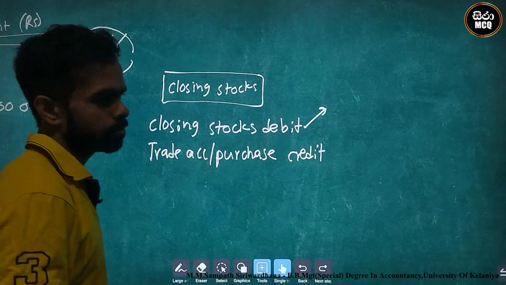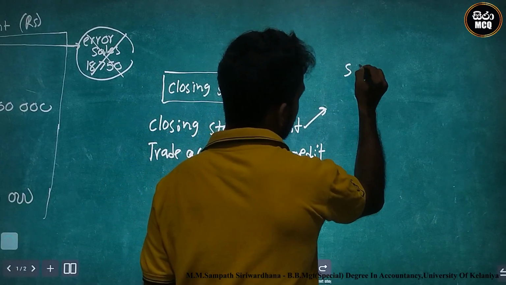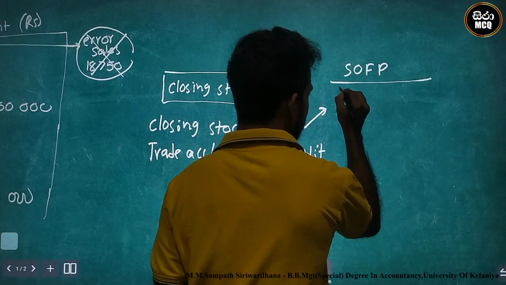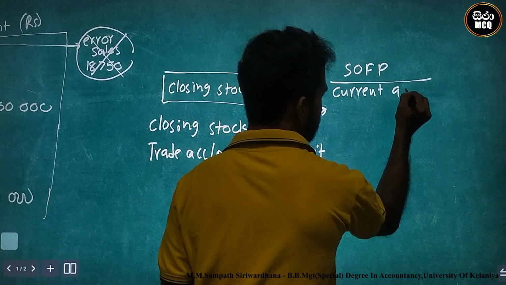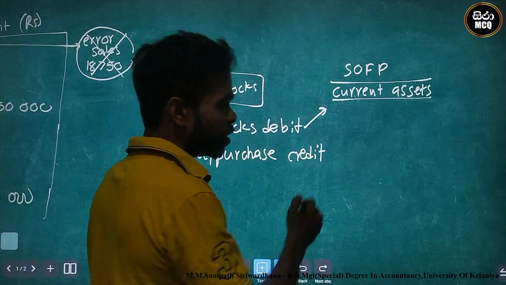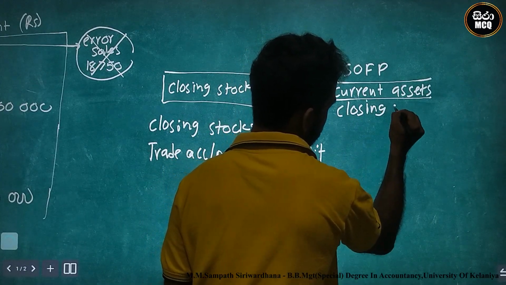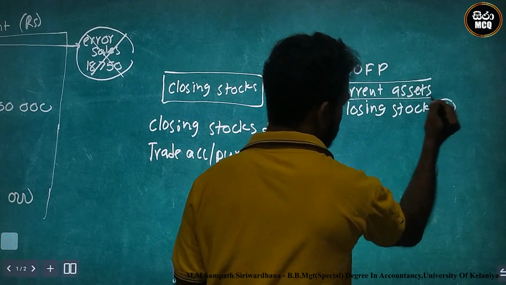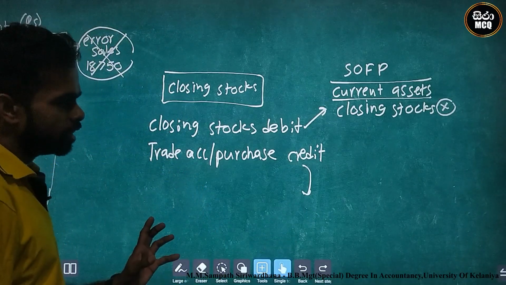Closing stocks debit, the final destination is SOFP, statement of financial position. We identify it in current assets as closing stock. And the trade account is credit.